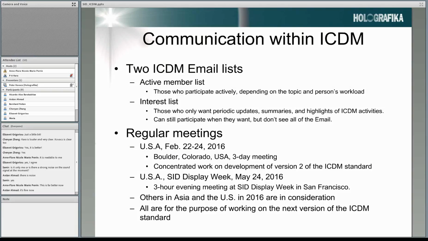On top of that, there are other, longer meetings dedicated to the development of the standard. The meetings co-located with Display Week are rather about introducing new topics which might be of interest for the ICDM, and in those meetings there are usually presentations about novel display technologies. There were presentations about holographic displays, speckles in laser projectors, curved displays, HDR, and so on.